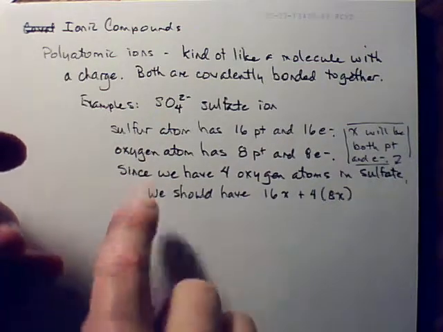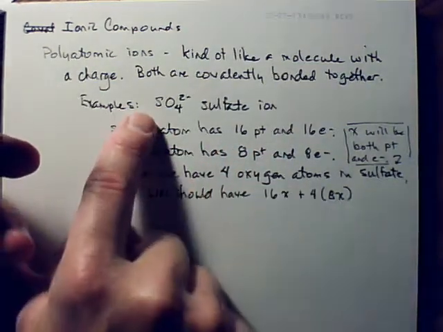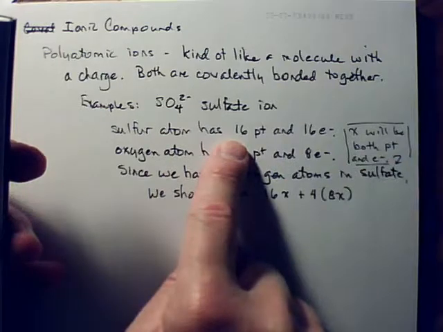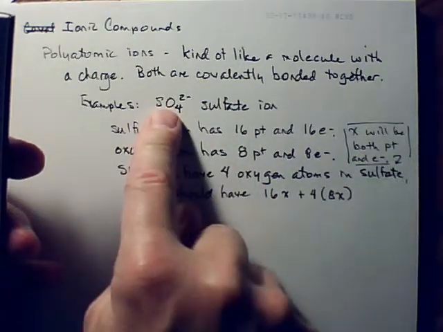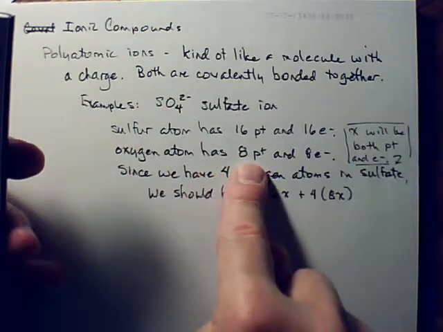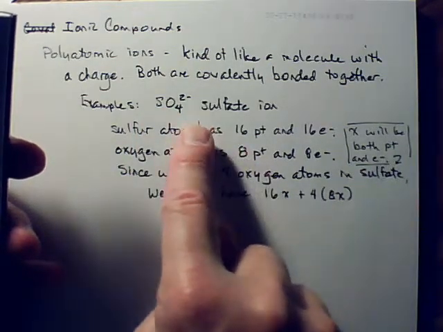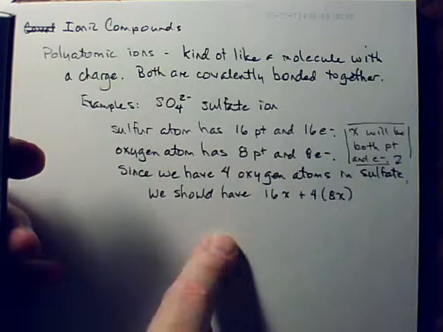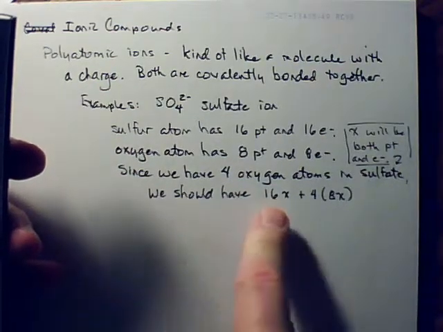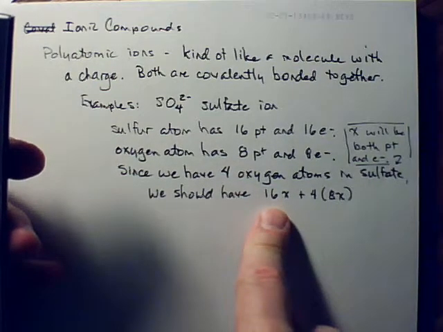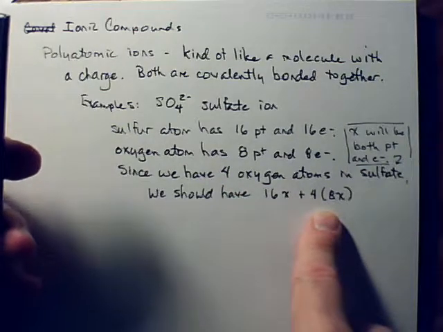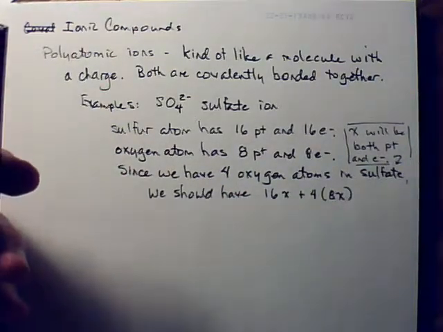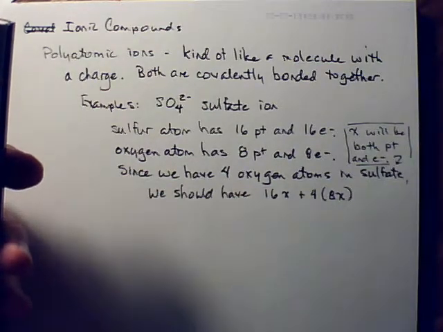All we did was look at the total number here. There's one sulfur with 16 protons and electrons. There's four oxygens, and each oxygen has 8 protons and electrons. So we're looking at 4 times 8 because there's 4 oxygens in sulfate. So 16 protons and electrons for the sulfur, 4 times 8 protons and electrons for all 4 oxygens. Does that not make sense?